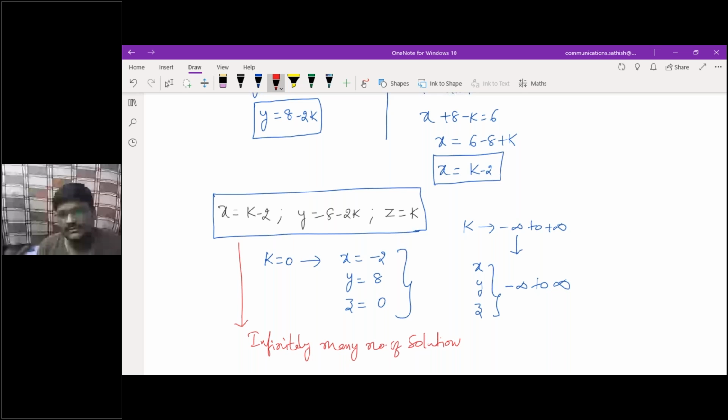Sometimes for this problem itself, suppose what I gave in the problem, repeat the above problem for x plus y plus z is equal to 6, x plus 2y plus 3z is equal to this. This is the question I had given actually. Am I correct?